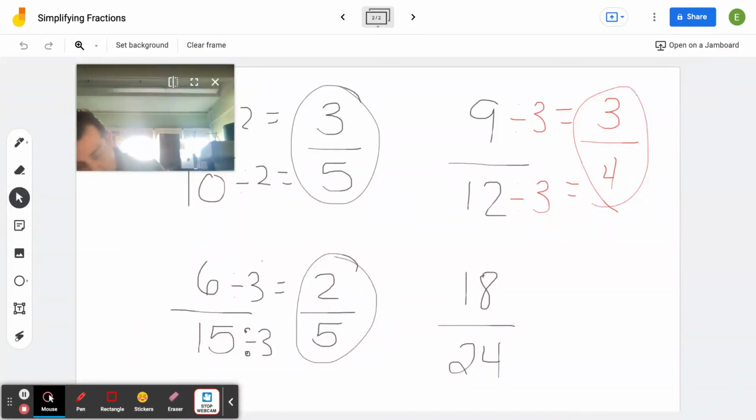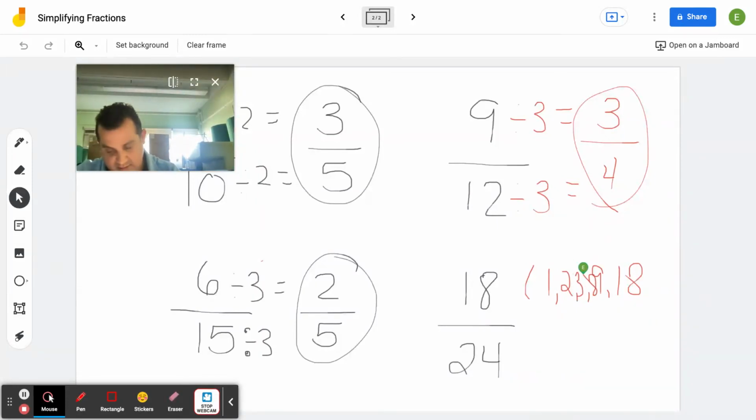I know I could do 1 times 18, 2 times 9, 3 times 8, and then I know there's 4 times 6. Well, 18 I know can't go into 24. 9 can't go into 24.